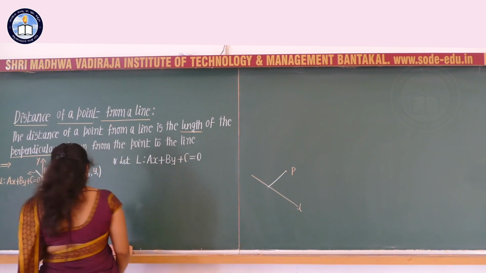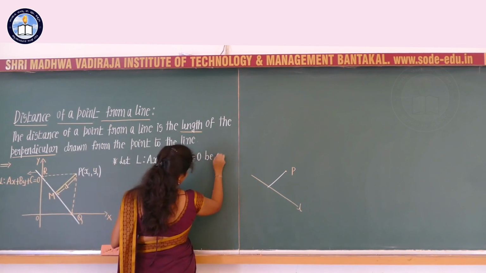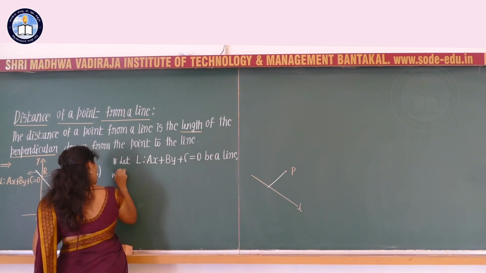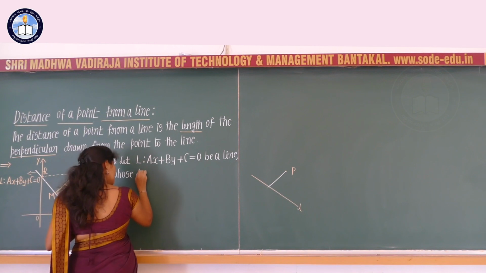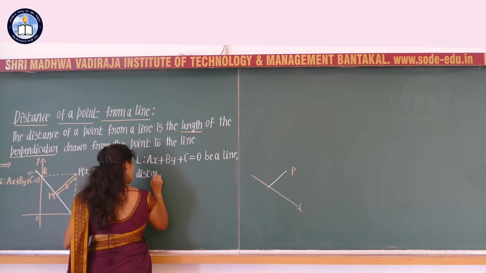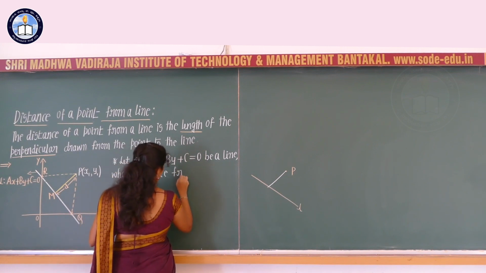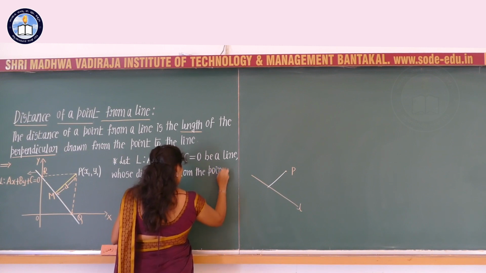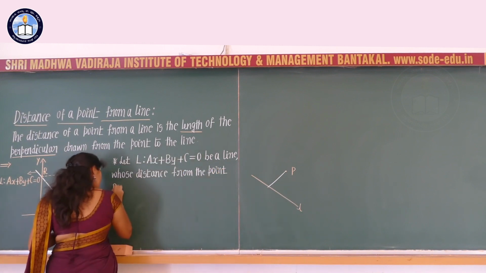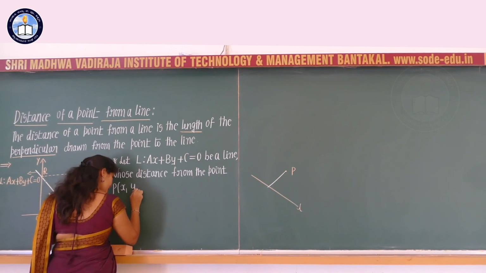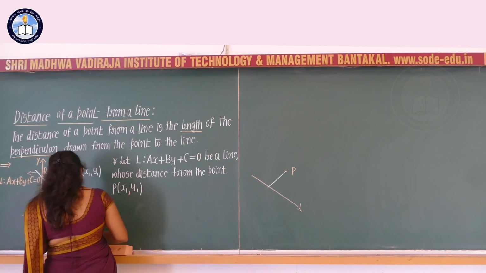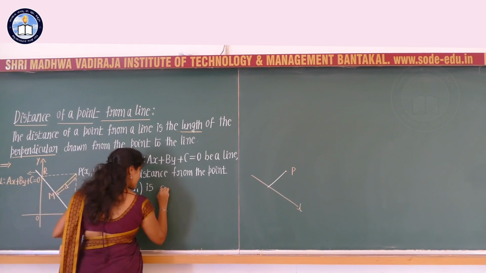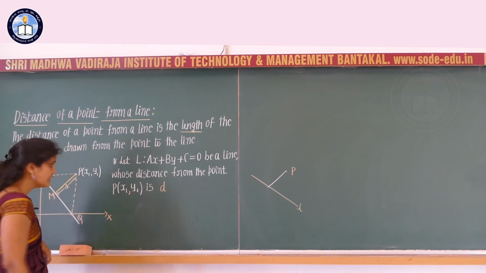Let Ax plus By plus C equal to 0 be a line whose distance from the point P of x1 comma y1 is D.